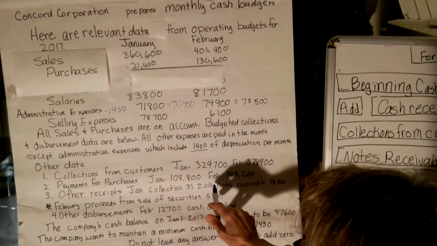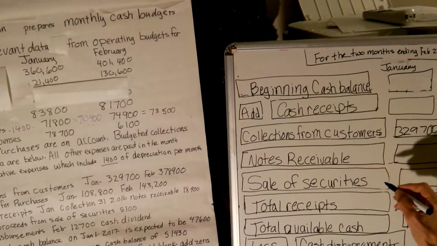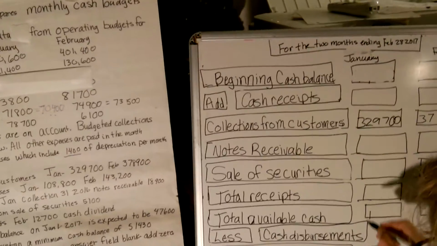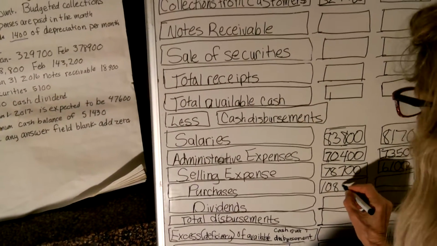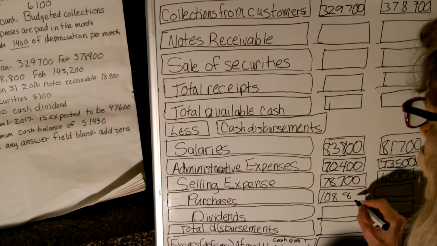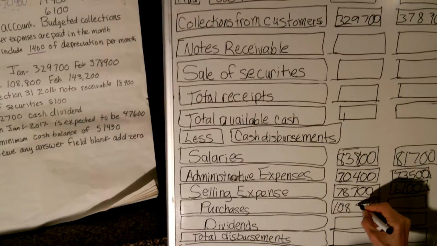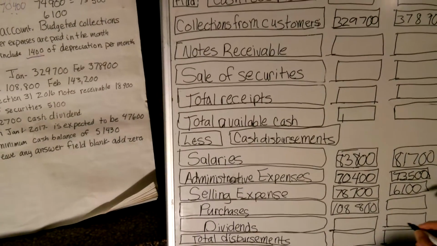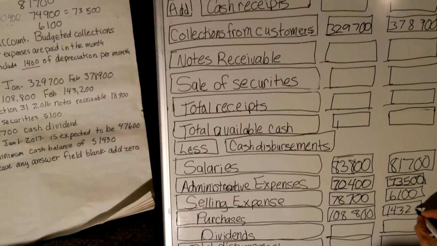And then we go to payments for purchases. In January, payments for purchases is 108,800. And the one for February is 143,200.